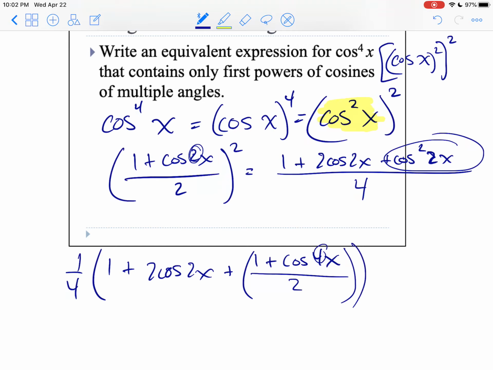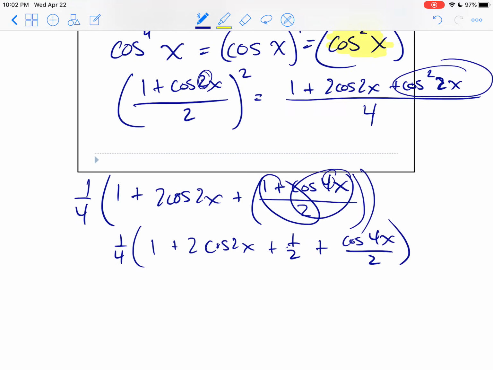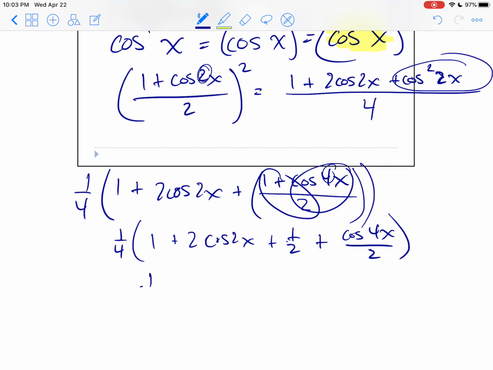And so when we multiply out the 1/4, we get 1/4 plus 2 cosine of 2x plus 1/2 plus cosine of 4x over 2. And now if I distribute the 1/4, I get 1/4 plus 1/2 cosine of 2x plus 1/8 plus cosine of 4x over 8.